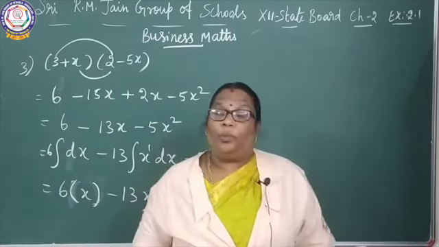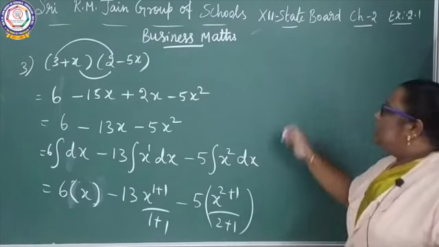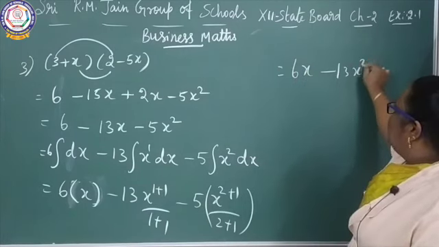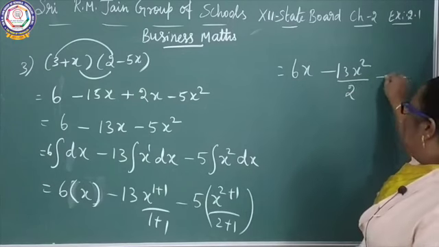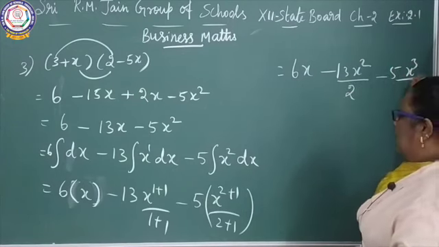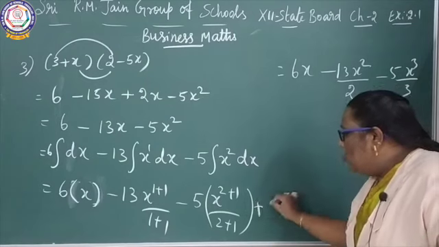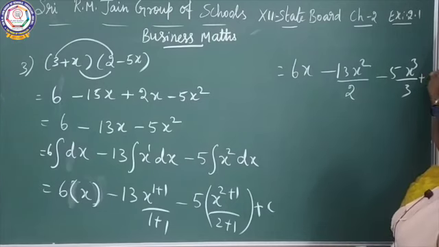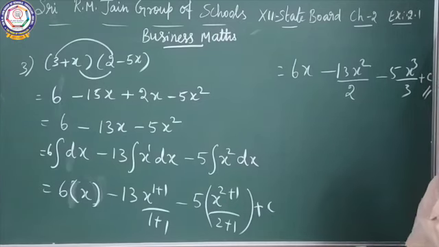It gives 6x minus 13x square by 2 minus 5x cube by 3. Once you integrate, you don't put the integration sign and you put plus c. So this is the answer.